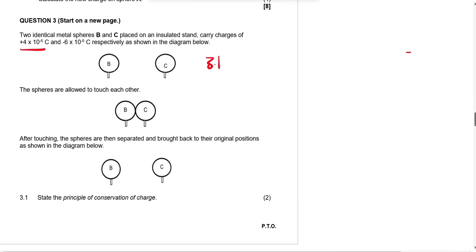Okay, so 3.1, it says state the principle of conservation of charge.